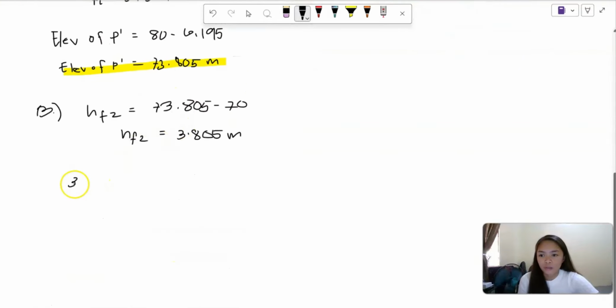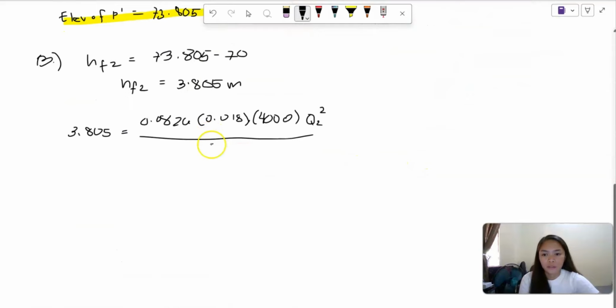HF2, which is 3.805, equals 0.0826 times 0.018, and the length in pipe 2 is 4,000, times Q sub 2 squared, all over the diameter here, which is 250 millimeters or 0.25 raised to 5.